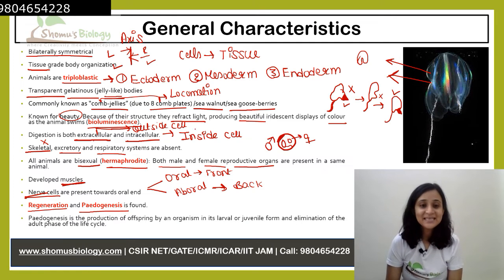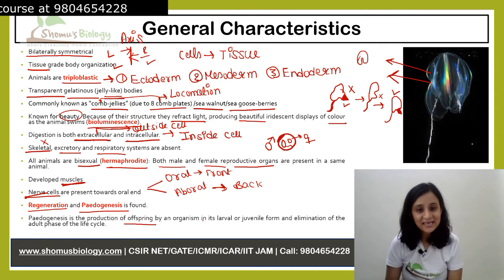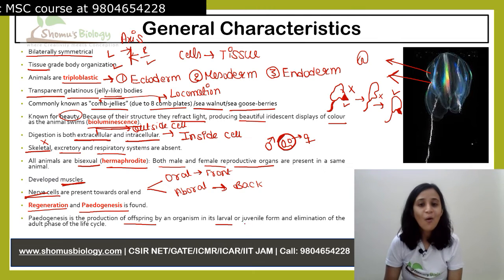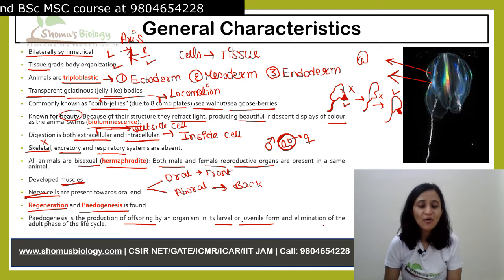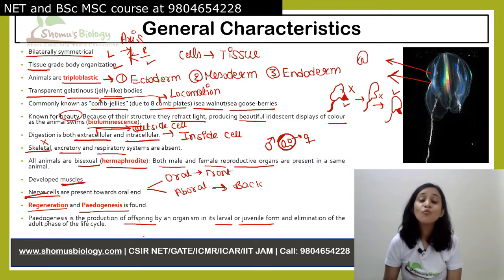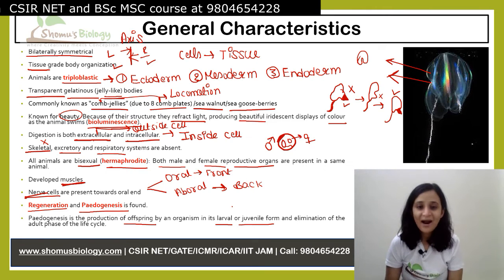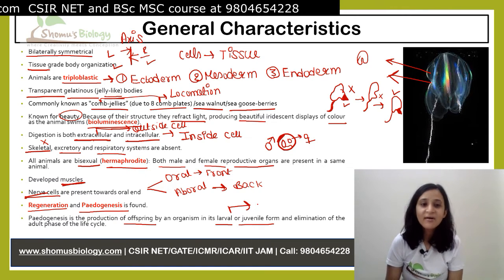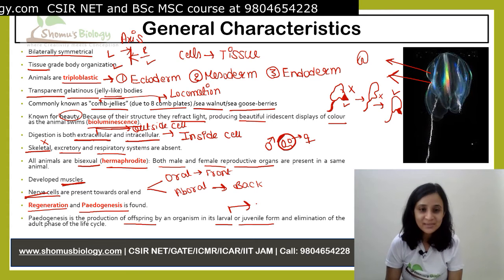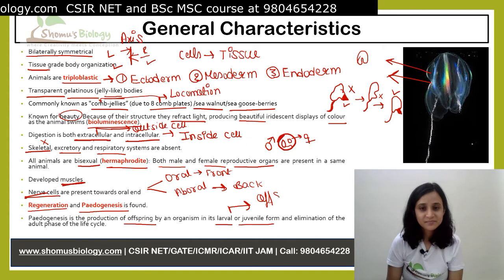Pedogenesis is the production of offspring by an organism in its larval or juvenile form and elimination of the adult phase of the life cycle. What does that mean? Their larva can produce offspring.